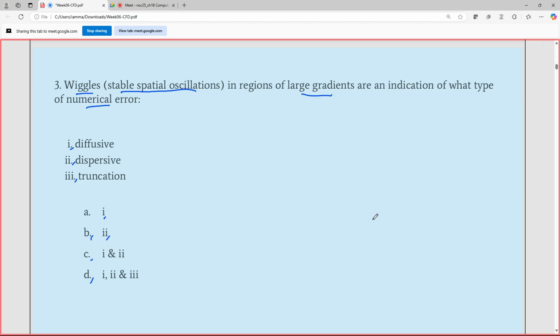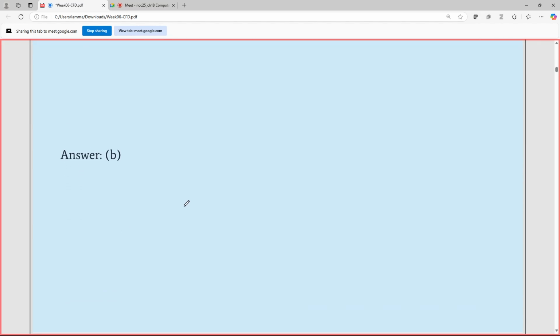Yes, our answer is option B, that is dispersive error. Dispersive type of numerical errors creates spatial oscillations known as wiggles.